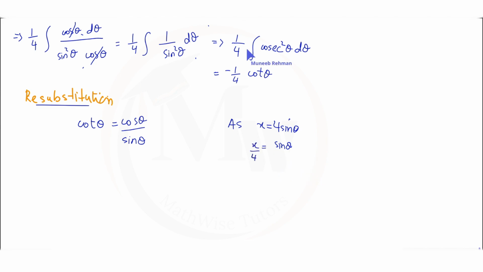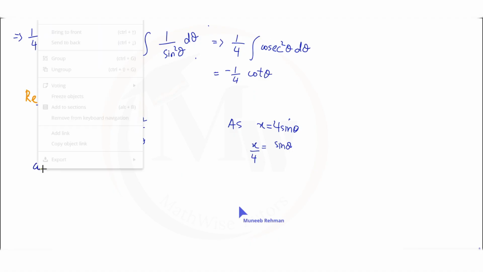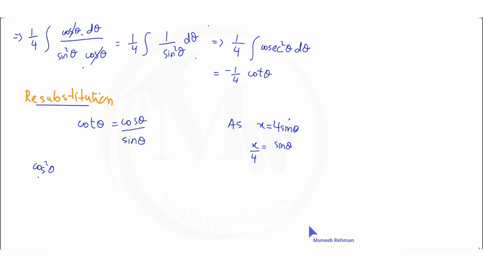If you have the sine value, you can find the cos value, because cos and sine are related by a trigonometric identity, right? So what is the cos value? Cos square is equal to what? 1 minus sine square, right?